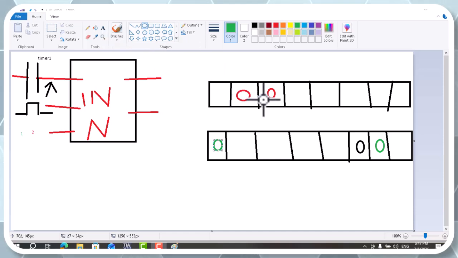So for rotate, for example, if we use 1, our next bit will be here. One of them is right here. Let's use another bit here, and let's use this one.